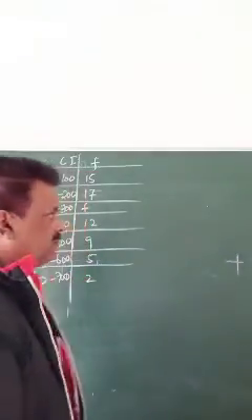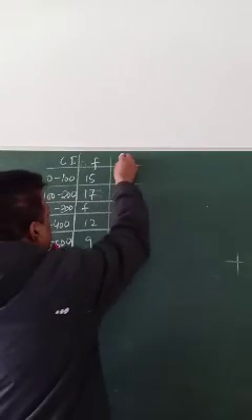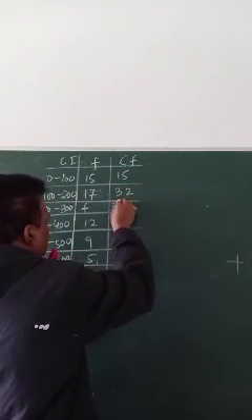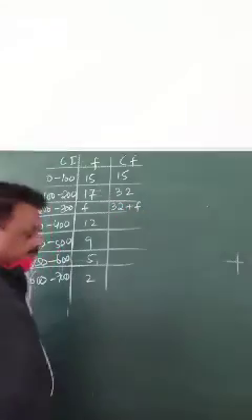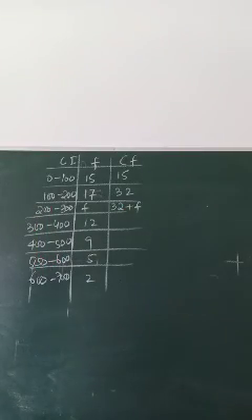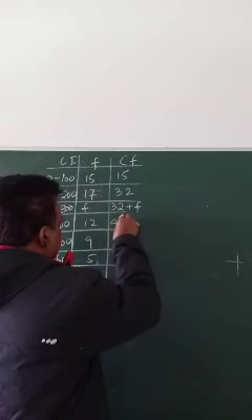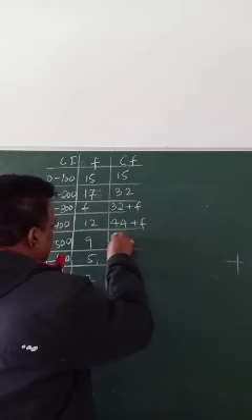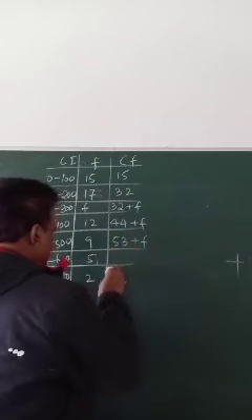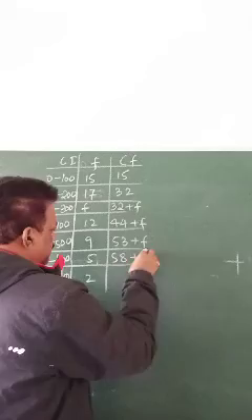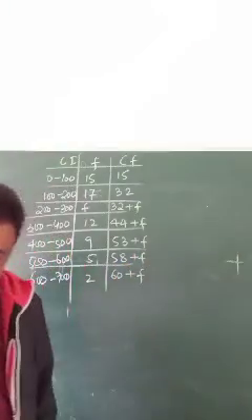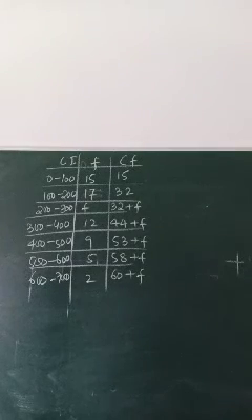So what new column do you have to make? Cumulative frequency, Cf: 50, 32, 32 plus 8, 44 plus 8, 53 plus 8, 58 plus 8, 60 plus 8. Okay, median is 240.